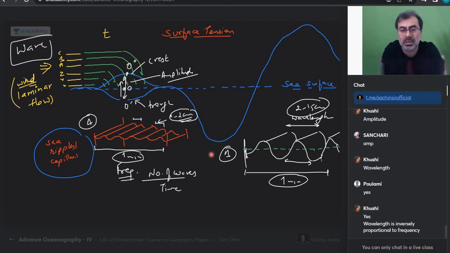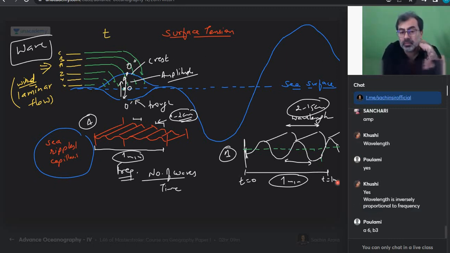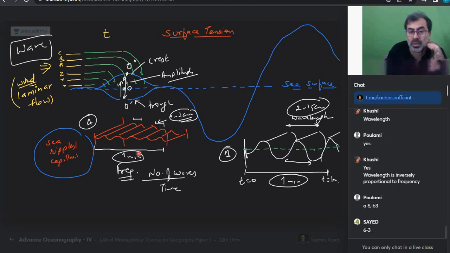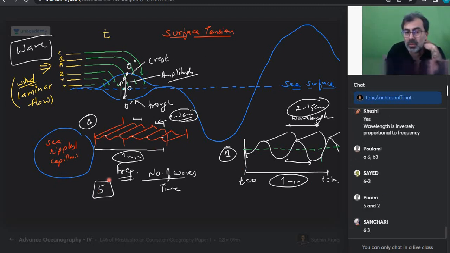And how many waves passed in 1 minute in place B? जल्दी से बताइए. I started my class time t is equal to 0, t is equal to 1 minute. How many waves? So waves are distance between them 1, 2, 3, 4, 5 waves, around 5 waves. 1, 2, 3, around 3 waves.